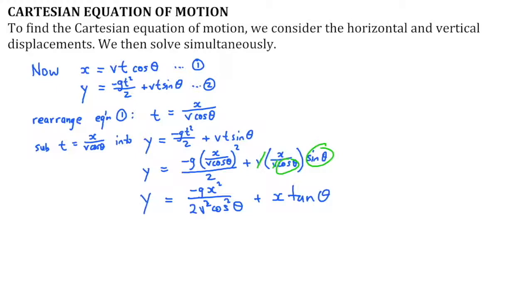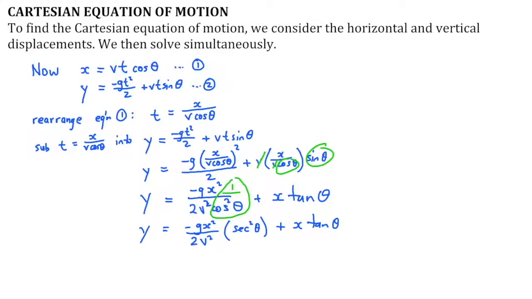So that's what y is actually equal to. Now, cos squared is on the bottom of the fraction here. If I move the cos squared up to the top of the fraction, it becomes a sec squared, because what you need to recognize is 1 over cos squared is equal to sec squared. So I can actually write this as y equals minus g x squared over 2 v squared times sec squared theta plus x tan theta.